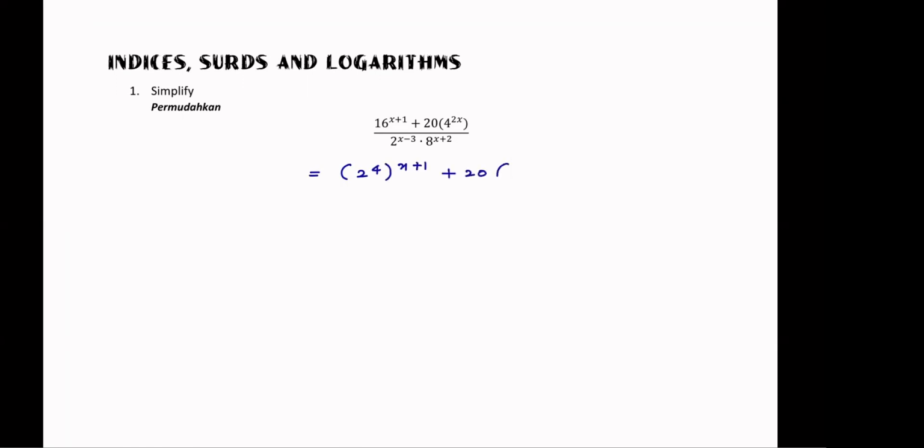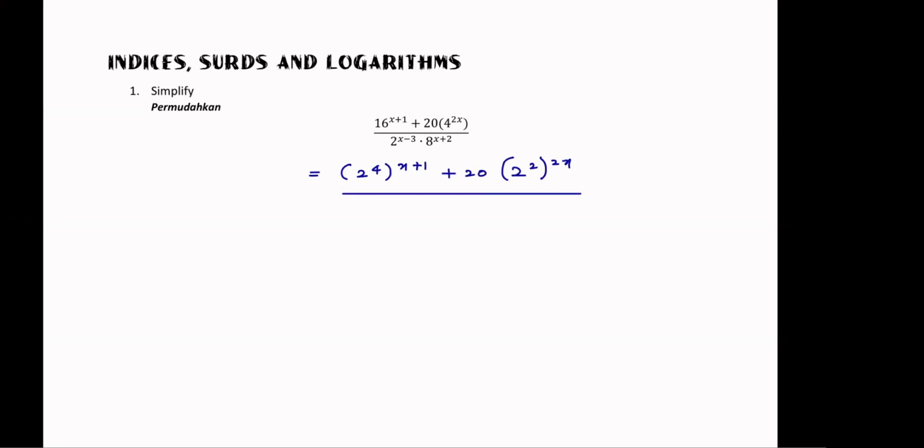The inside there got 4. 4 is again 2 square. Already got the square there, you know. So then I put it both like this. It's a 2 square. I put bracket with a 2x over.